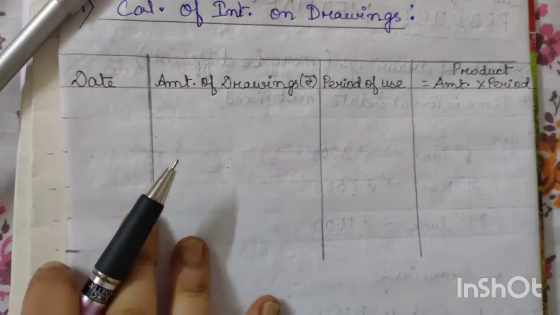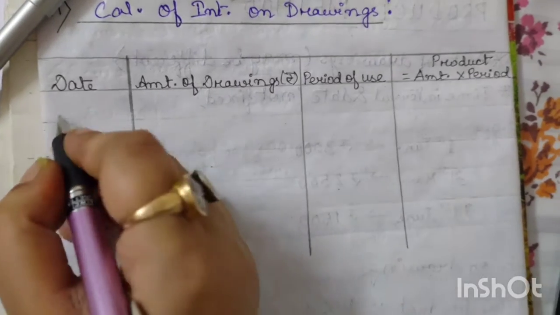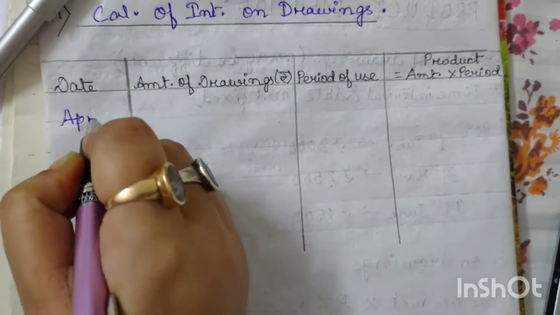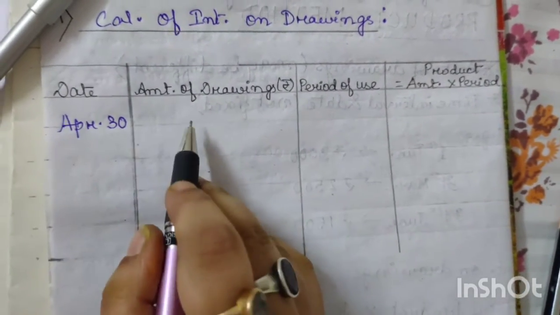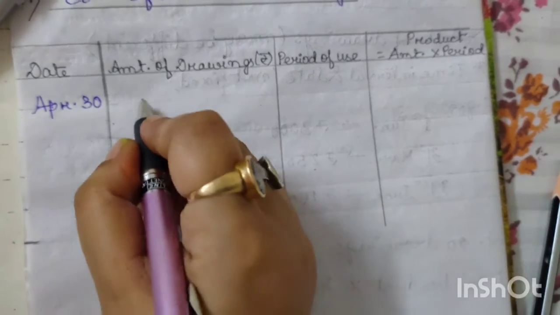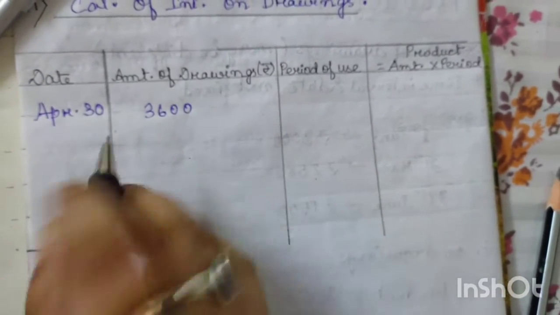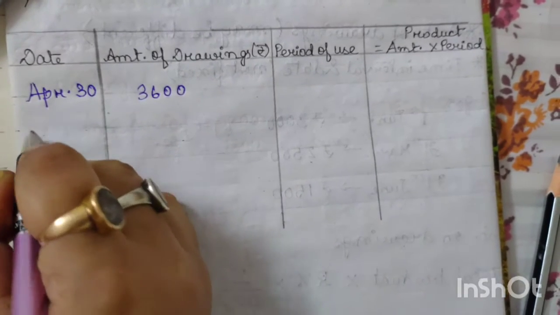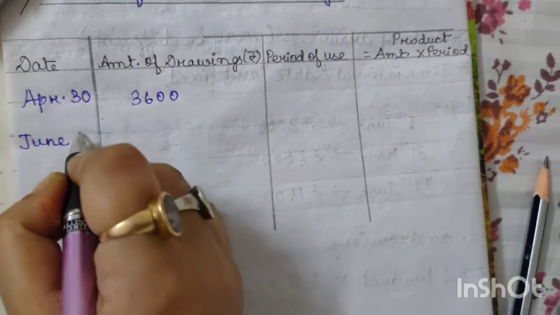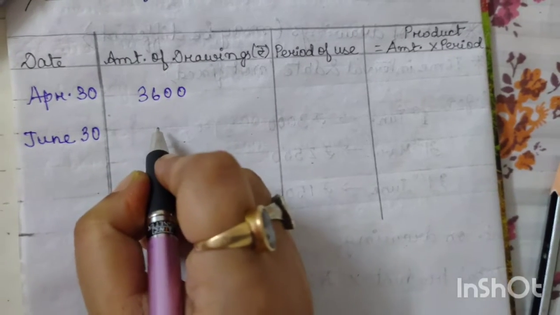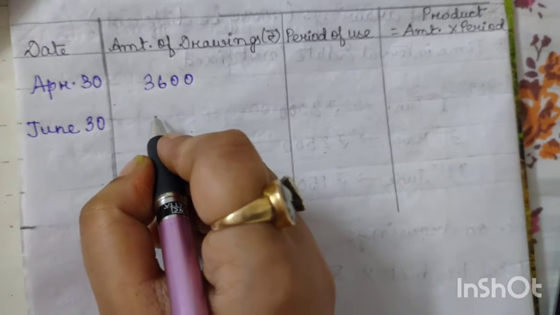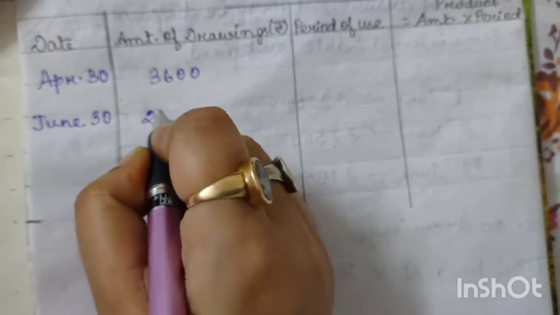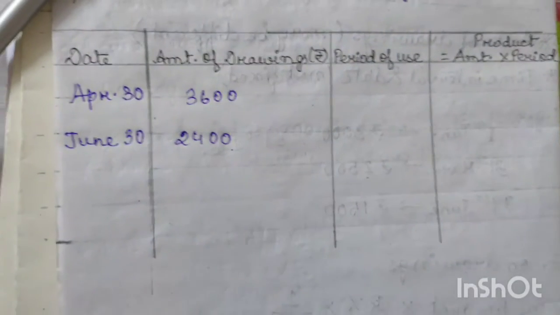Okay, the first withdrawal was made on April 30 and the amount was 3600. Now the second withdrawal was made on June 30 and the amount was 2400.